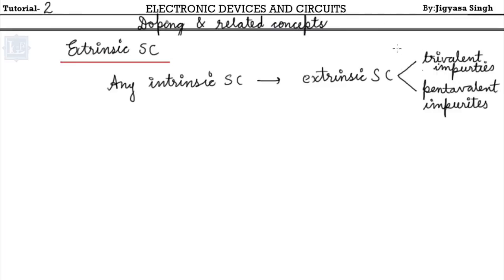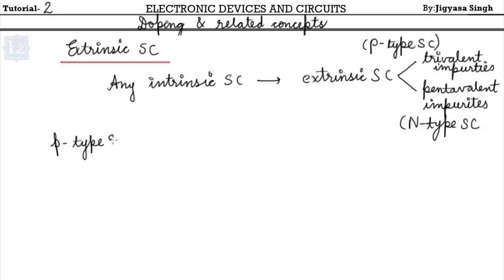If we are adding trivalent impurities, this will make it a p-type semiconductor. And if I am adding pentavalent impurity, this will make it an n-type semiconductor. Now, in a p-type semiconductor, the holes are the majority charge carriers.